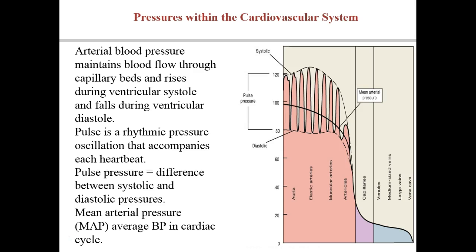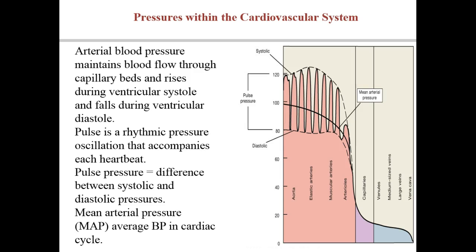Pulse is the rhythmic pressure oscillation that accompanies each heartbeat. Pulse pressure can be measured. It's the difference between systolic and diastolic pressures. These tend to be definitions that you want to more or less have in your head.